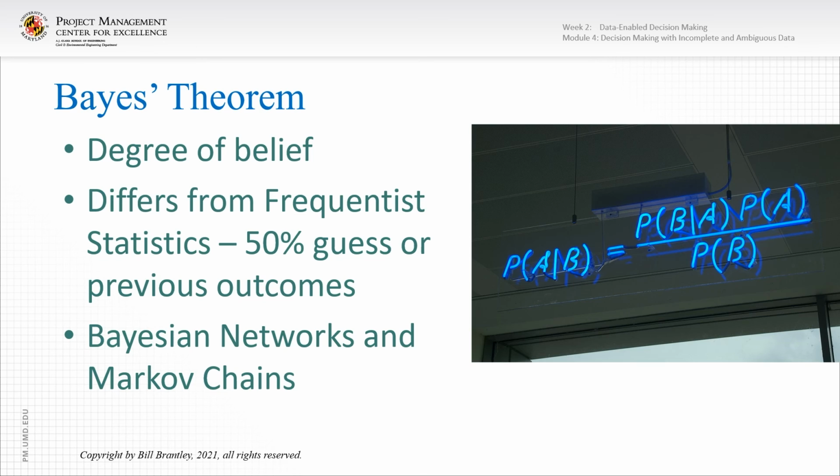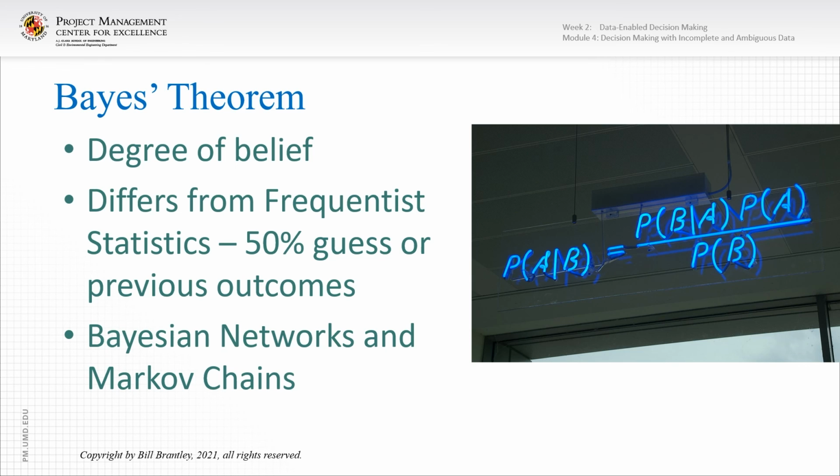Then, based on that, what's the chance they'll make it to first base? And then based on that, what's the chance they'll make it to second base? You have a whole chain of probabilities, all networked together, and it can help you figure out the final conclusion of the probability that they're going to make it home and have a home run. That is the power of Bayesian networks.